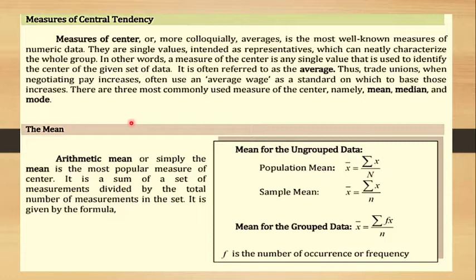So we have here the formula for the mean for ungrouped data. So population mean, x bar, so to mean, yung x bar is equals to the summation of x. Ibig sabihin, the total of the x values all over the n.